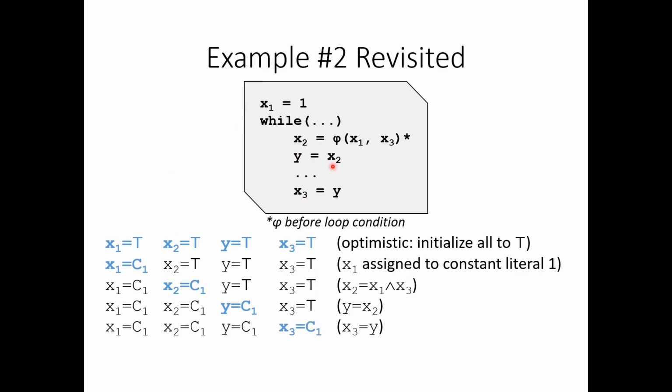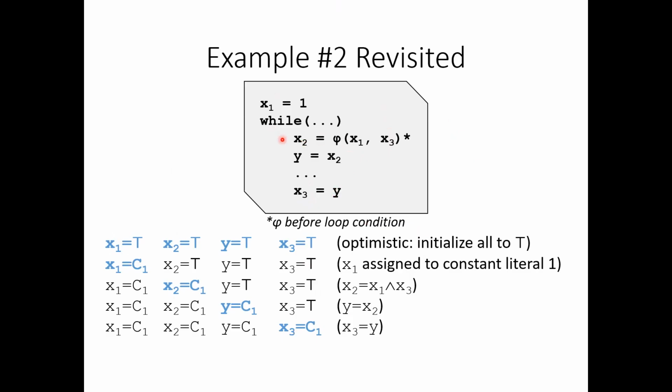So we can be smart about this, and whenever we modify something, we enqueue all its uses, or we can just iterate over the whole thing. But you notice after I do x3 equals y, I've changed x3. It used to be top, now it's C1. So I go back and reprocess whatever uses x3. Here x2 uses x3.